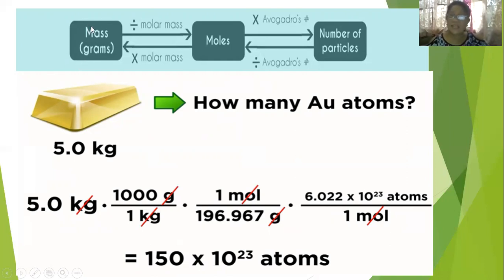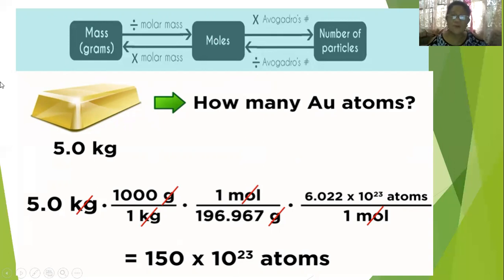If the given is in mass, and you are going to have that into an atom, you will be using this process. You will have a two-way process. Why two-way? Because your gram should be converted first, the upper arrow. The mass should be converted into moles first, then moles into atoms.